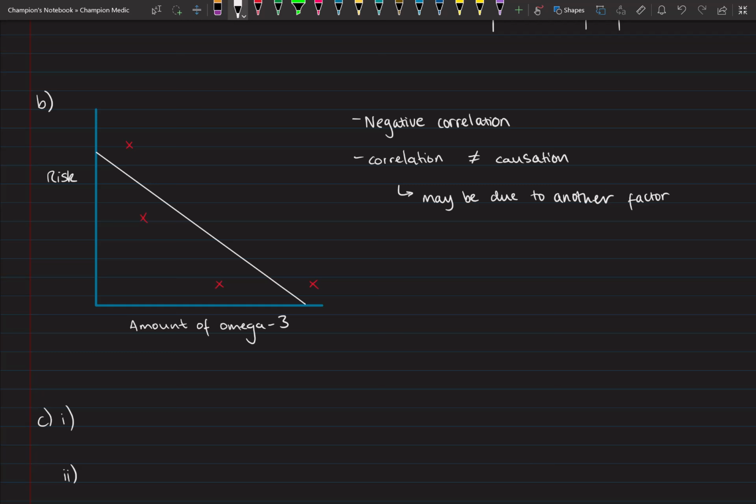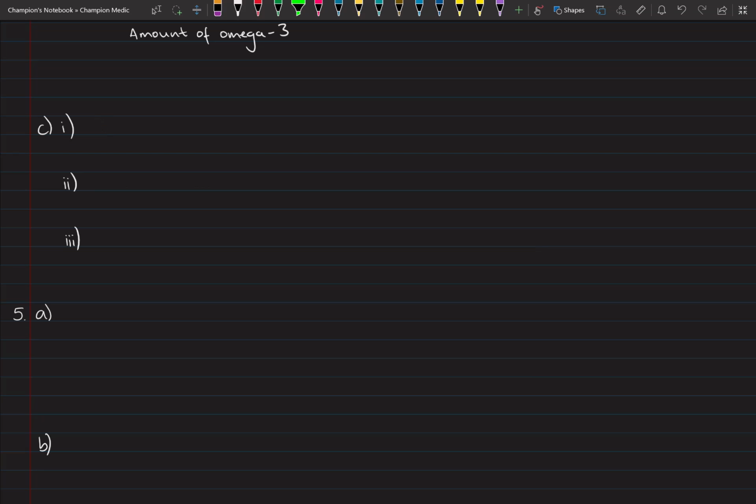Question 4c. Part 1 is asking us to name bond X. So we know that's the glycosidic bond. That's because it's a carbohydrate. It's a sucrose molecule, and it's between a glucose molecule and a fructose molecule.